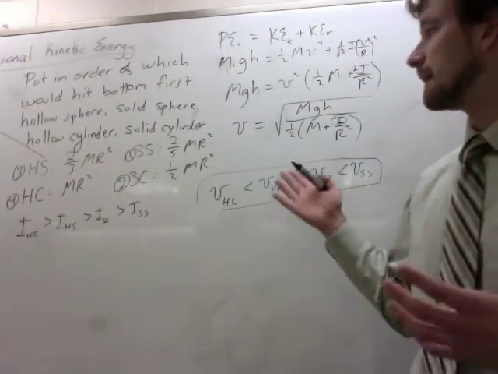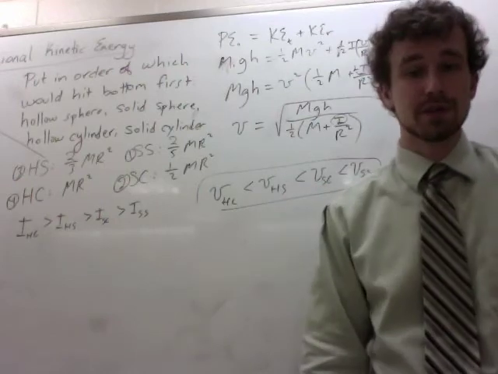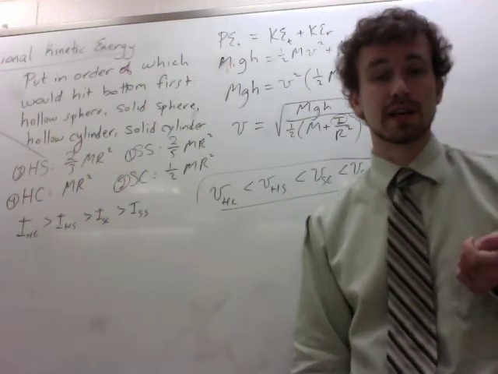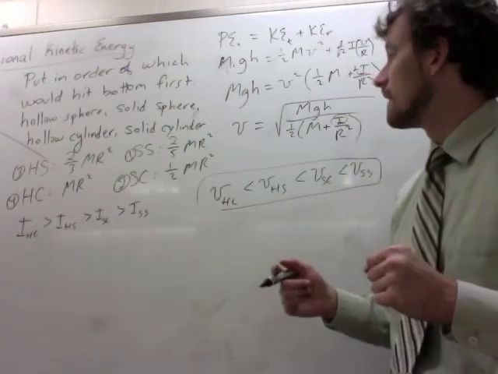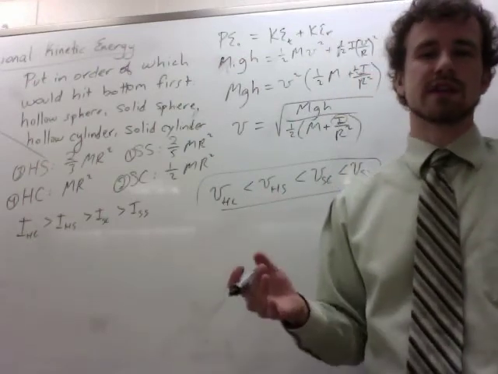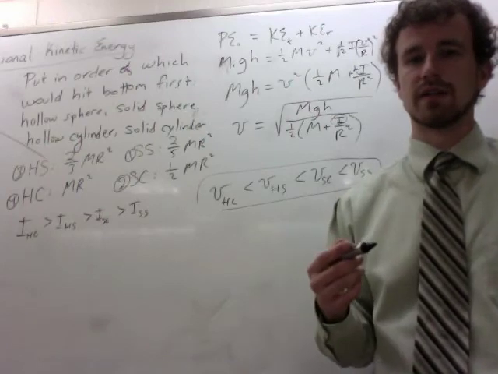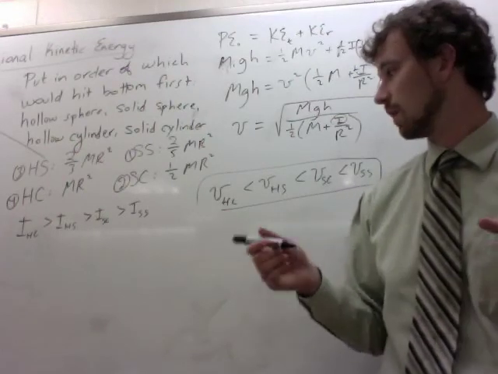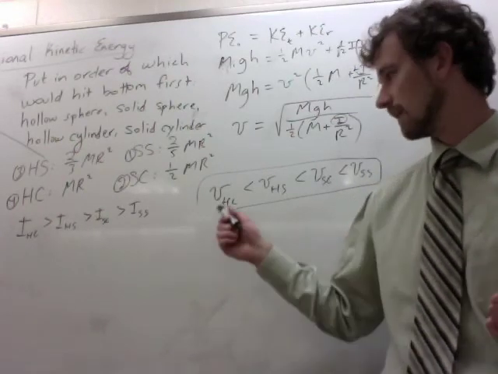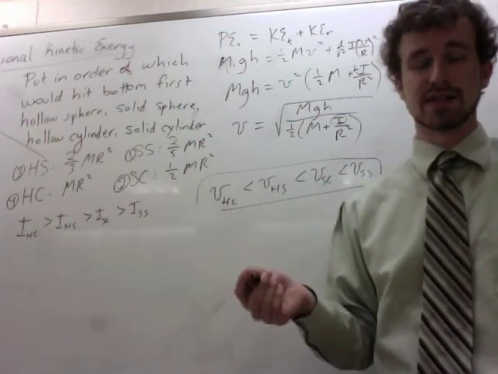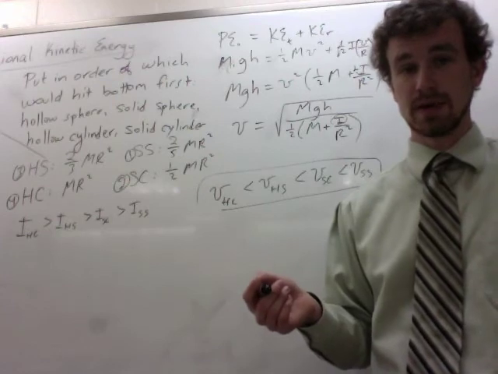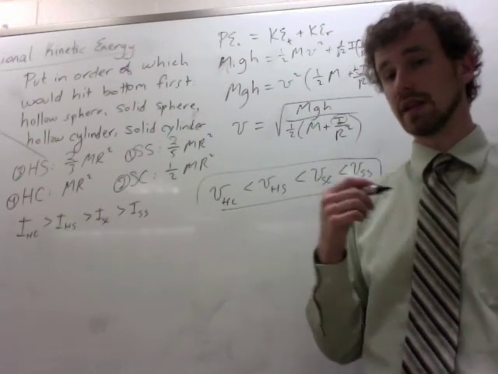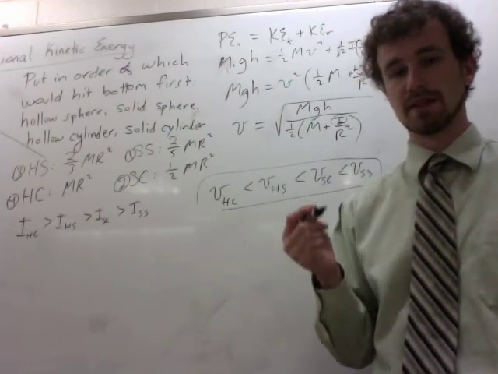So while all of them have the same kinetic energy when they reach the bottom of the hill, because they had the same initial potential energy and no energy is lost, they don't reach the ground at the same rate. The solid sphere will have the greatest translational velocity, greatest translational kinetic energy, which means that it will have the least rotational kinetic energy, and so on down the line.